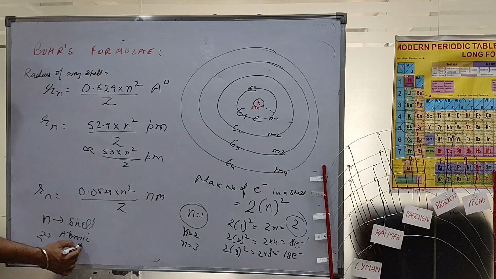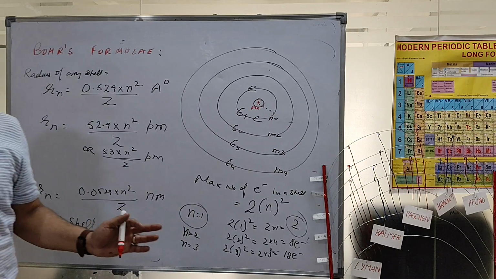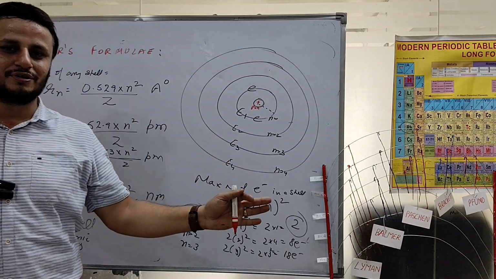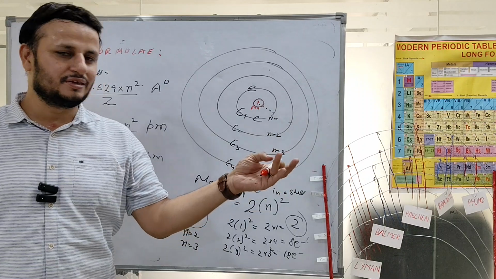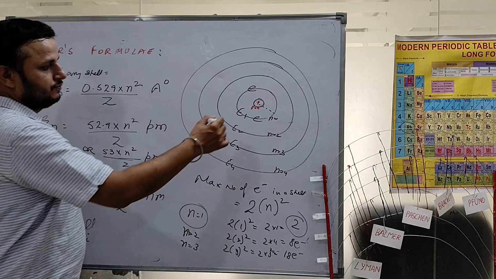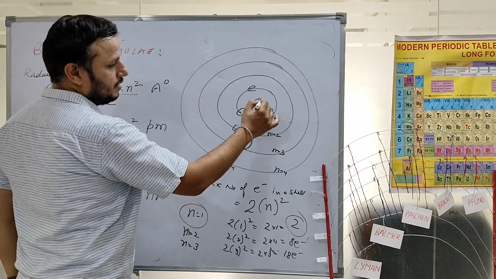Again, why atomic number? This concept is valid for hydrogen and hydrogen-like particles like helium, lithium, beryllium. So these are the formulae for the radius of a shell.